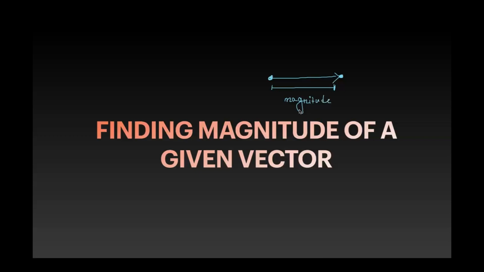I forgot to mention it, note it down: the distance from its tail to head is called magnitude. Now, how do you find the magnitude? How do you find the length? Let us say you have a vector 3i cap plus 4j cap plus, let us say, 10k cap. You want to find the magnitude of this vector. That is what we are going to learn in this topic.